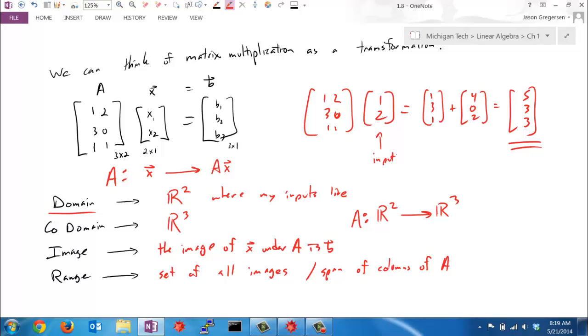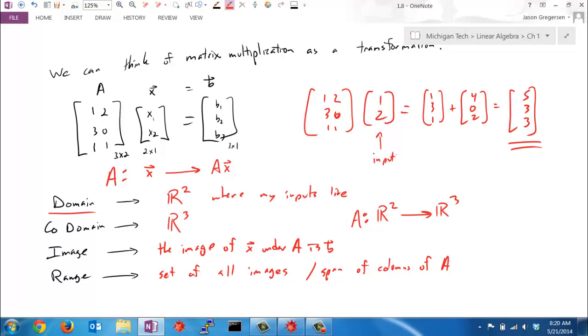I mean, my outputs are values in R3. But the question is, the codomain is all of R3. Can I get to all the possible values in R3 using a linear combination of those two columns? Can I get to them all? I can't in this case.